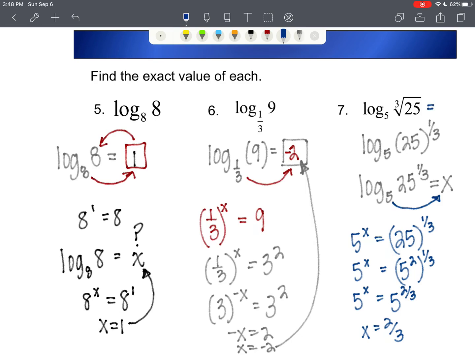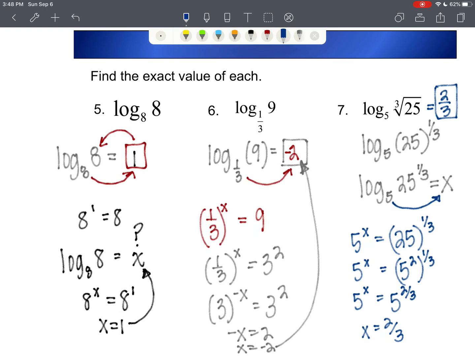So what does this equal? This equals x, and x is 2/3. So log base 5 of the cubed root of 25 is equal to 2/3. So again, it all depends on your level of understanding, your math facts, and also the level of difficulty of the problem. So number 7 is much more difficult than number 5.